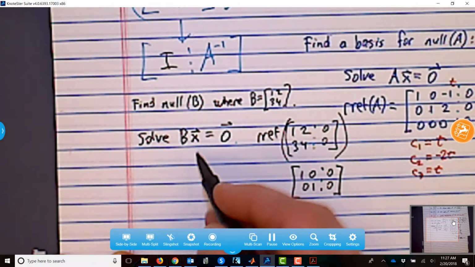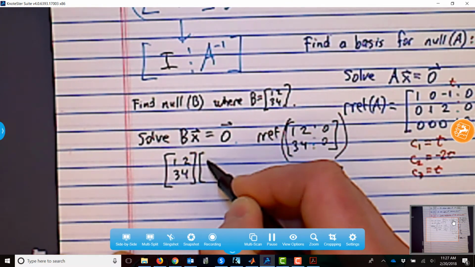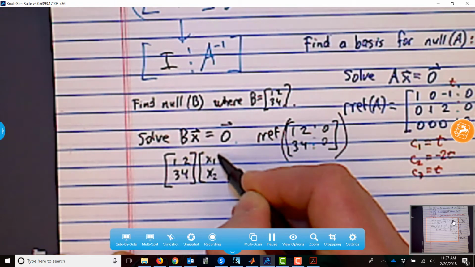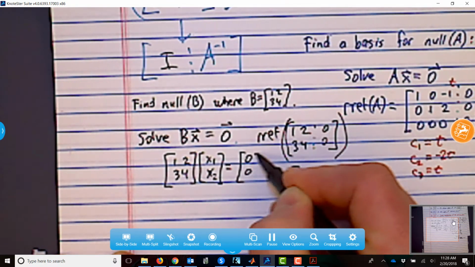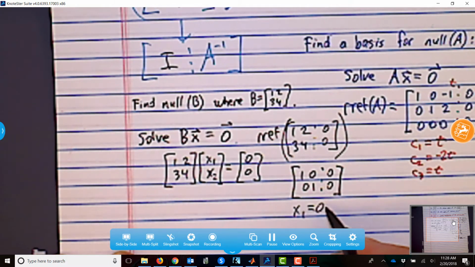Well, if you're thinking of this as 1, 2, 3, 4 times, I'll call it x1 and x2, equal to 0, 0. What did we just learn when we did the reduced row echelon form? Yeah, the first equation says x1 has to be 0, and the second equation says x2 has to be 0. So that's really weird. You don't have infinitely many solutions. You have how many? One solution.